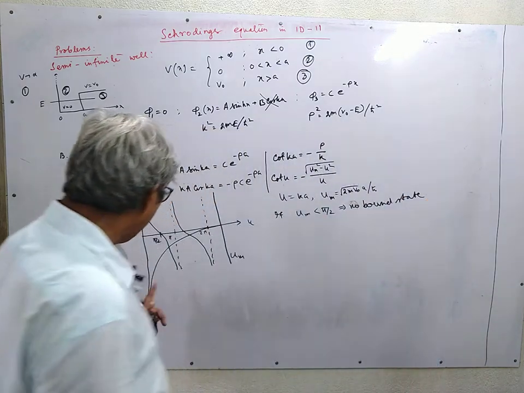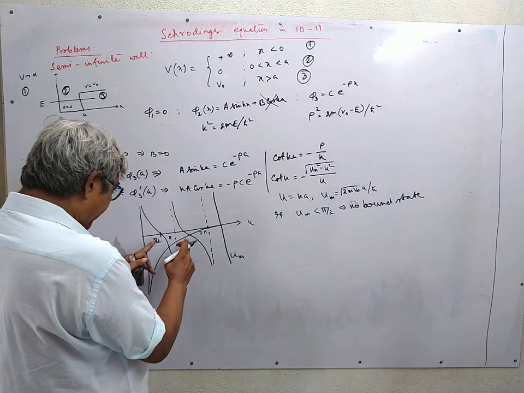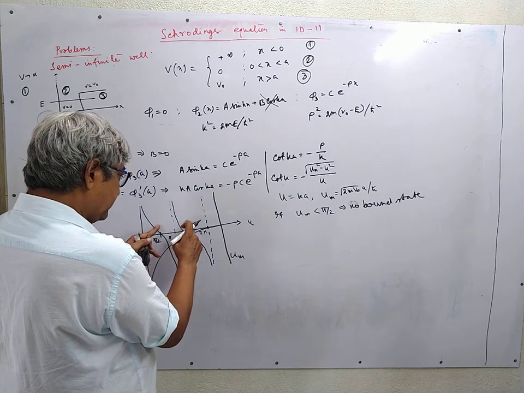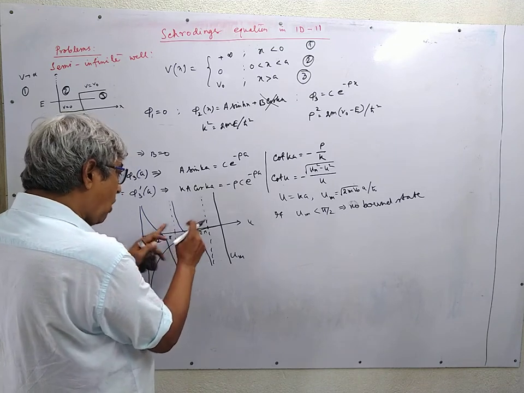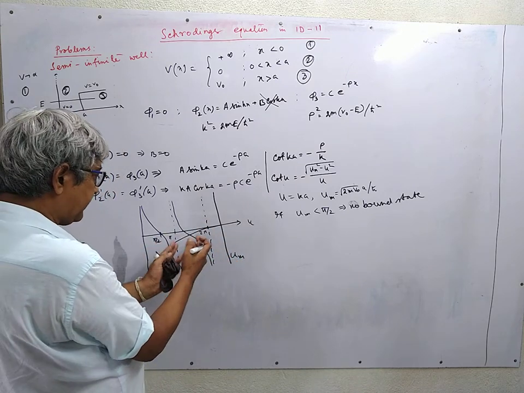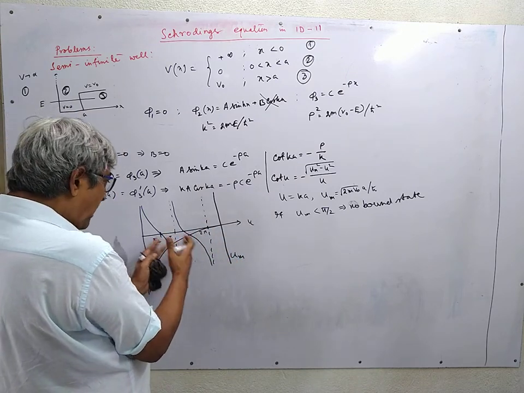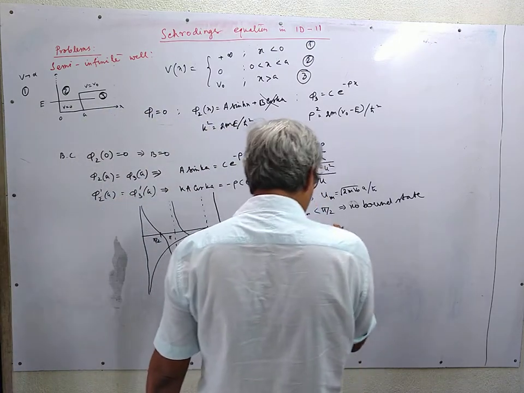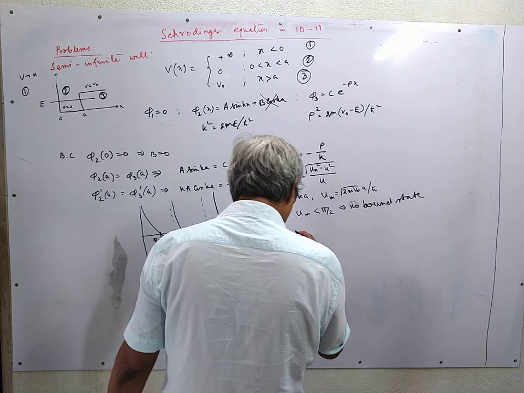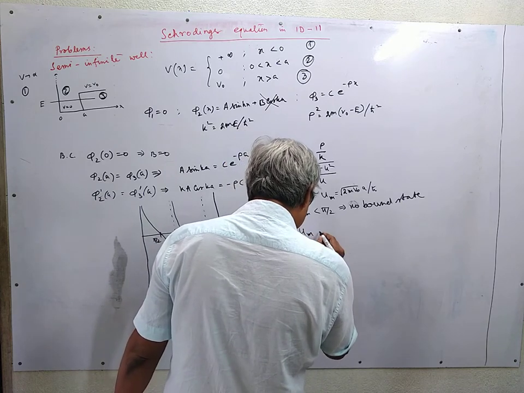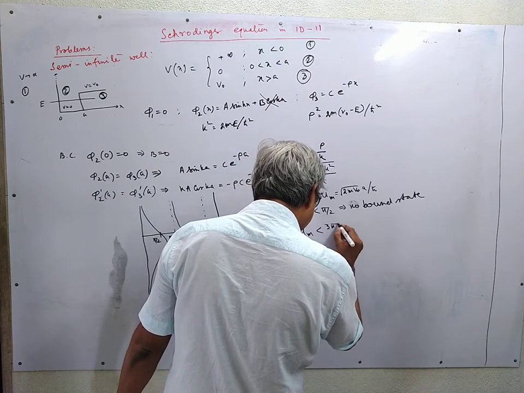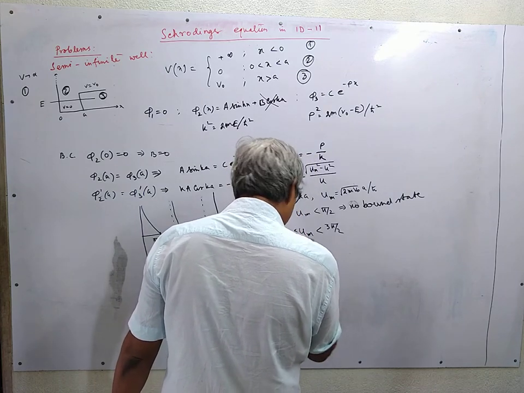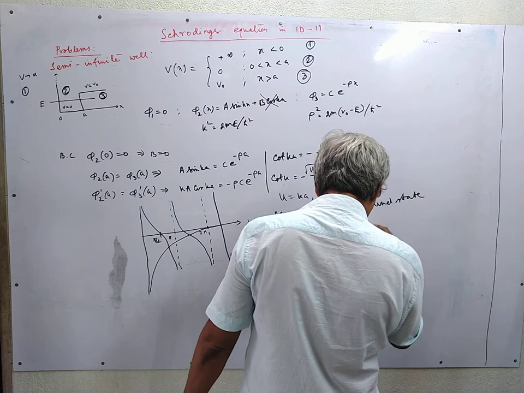If u_m is between pi by 2 and 3 pi by 2, there is one bound state. A further bound state will come only when u_m is greater than 3 pi by 2.